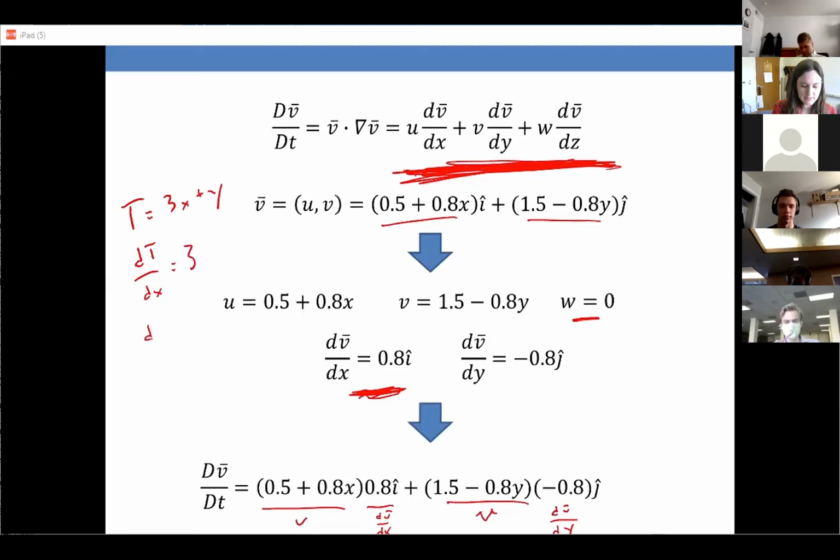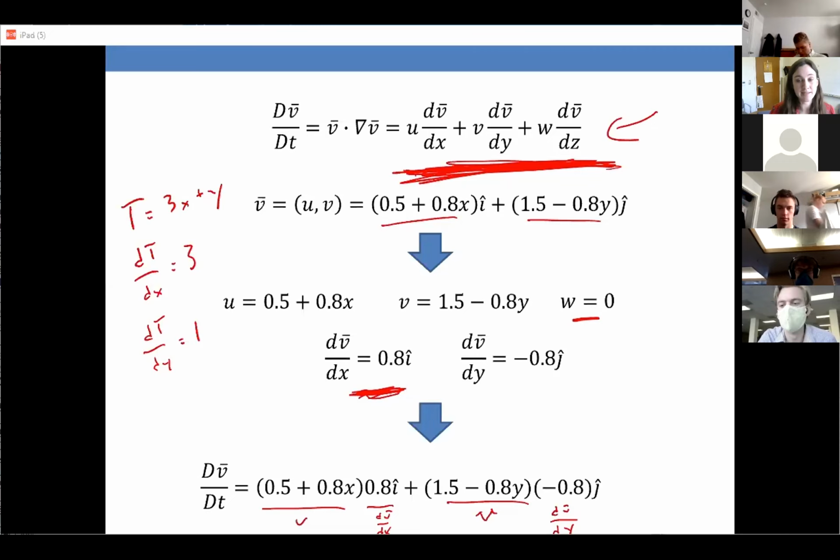Three. And dT dy would be 1. Those are scalars. So when you plug them in right here, it would just be 3 times 0.5 plus 0.8, and there wouldn't be any direction to it. So that is why you can end up with a vector. Okay, thank you.